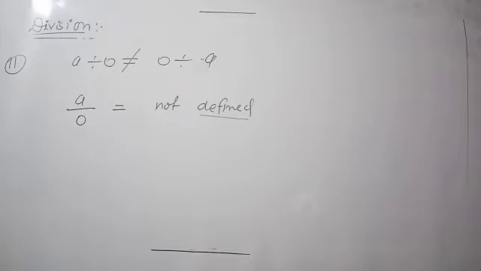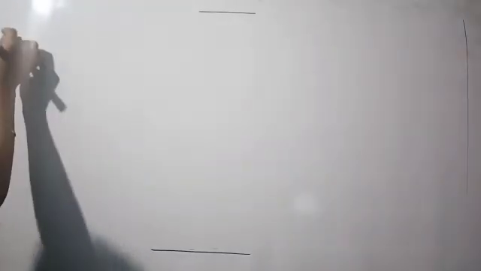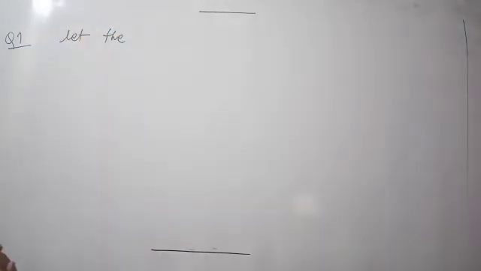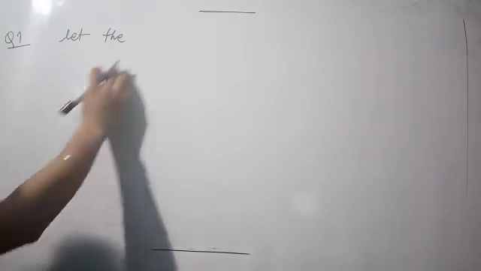In the question we are given the divisor, quotient and remainder. Sorry students, we have not been given the dividend, actually we have the divisor. We have to find the dividend.